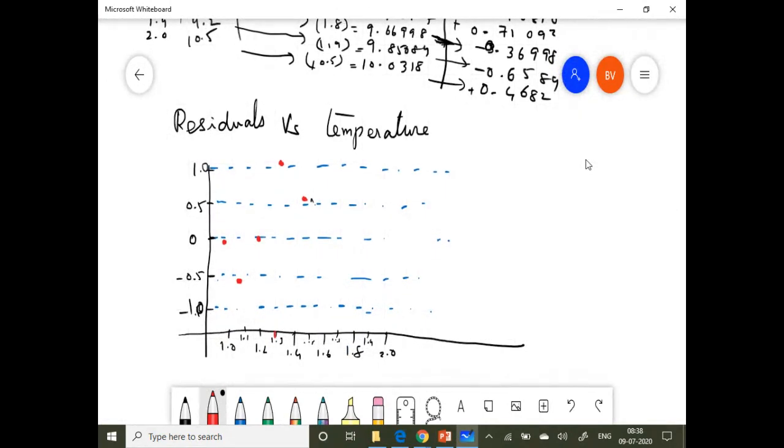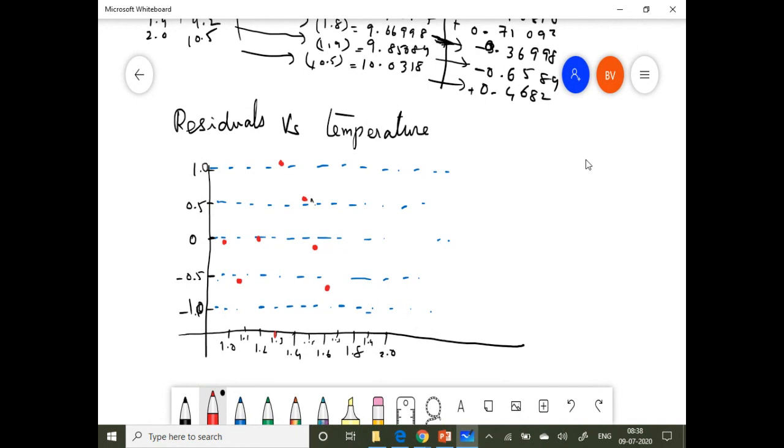So when x is 1.5, it is down from the 0, it will be here. 1.6 will give you negative 0.7, which will be here. 1.7 will give you positive 0.71.